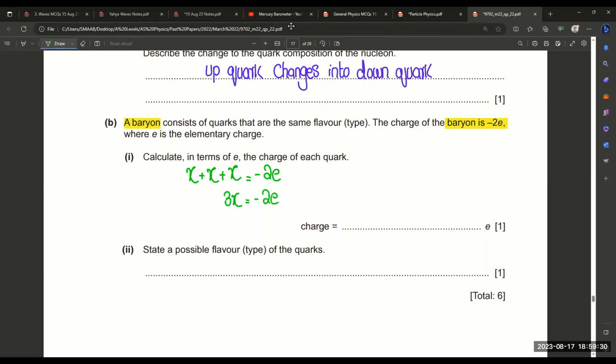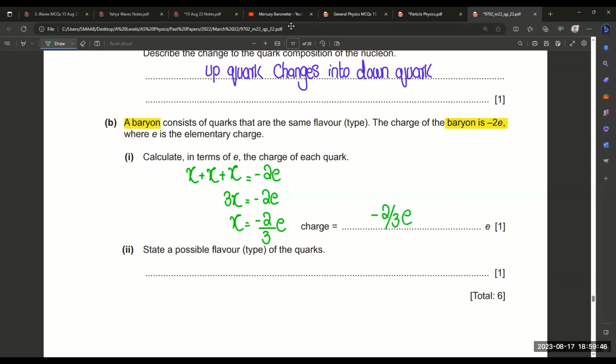So 3x equals minus 2e, and then x equals minus 2 over 3. So in terms of e, your charge will be equal to minus 2 over 3.